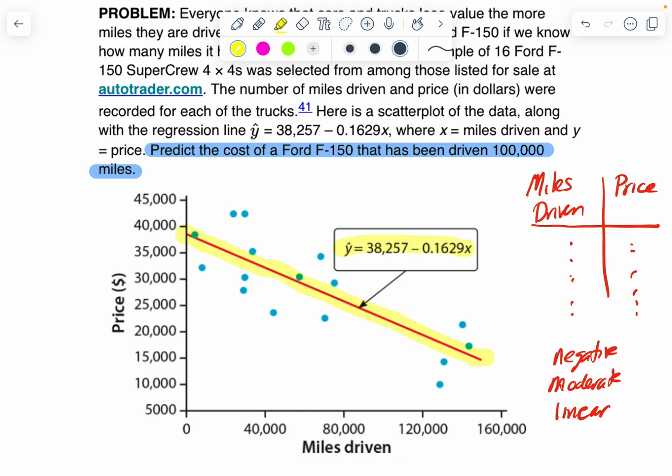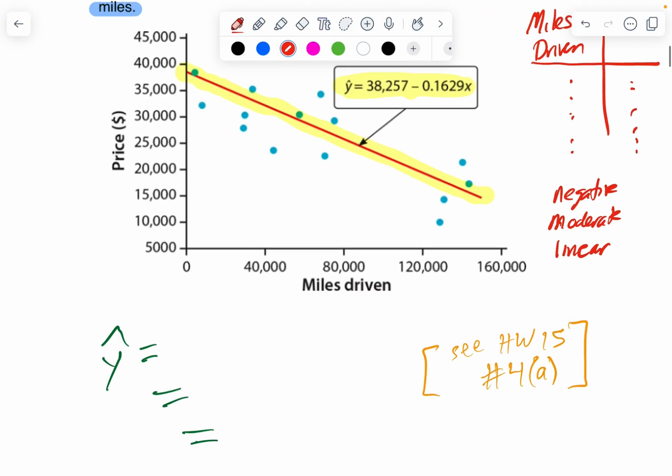And in this case, that's the equation of the specific regression line describing the relationship in these Ford F-150s. Now, if you look at the blue highlighted question here from Mr. Wankowitz, it says, predict the cost of a Ford F-150 that has been driven 100,000 miles.